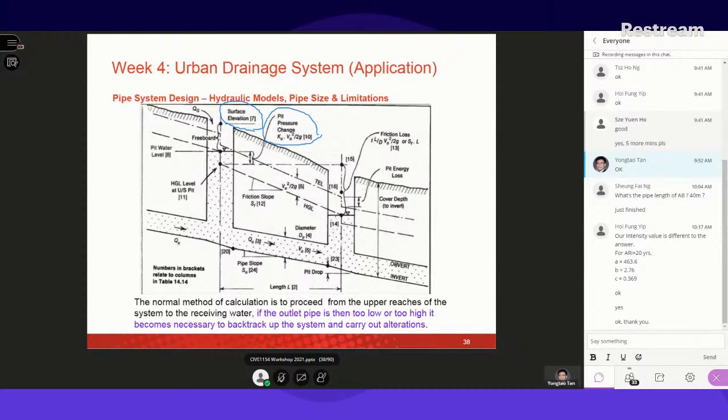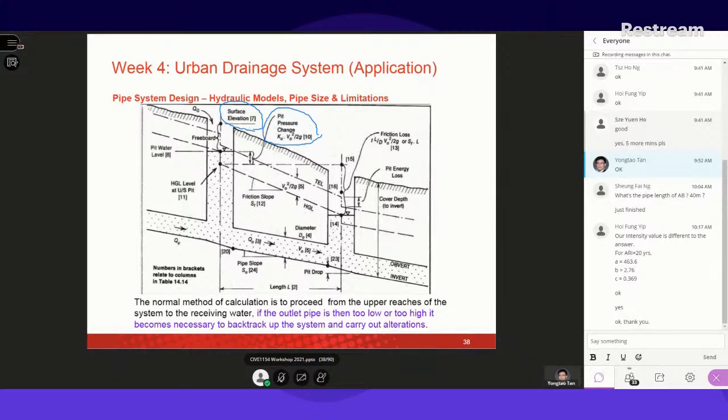Because in the pit the pressure is atmospheric pressure, there will be a change of pressure, so there will be a loss.